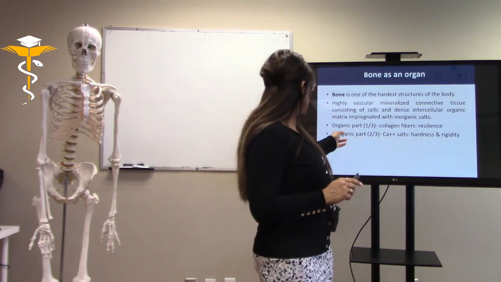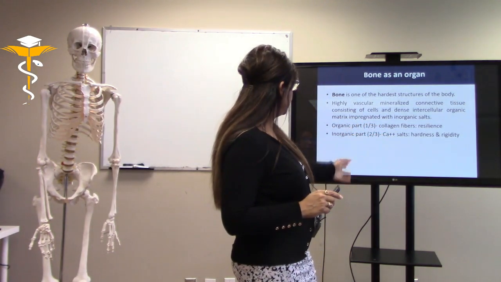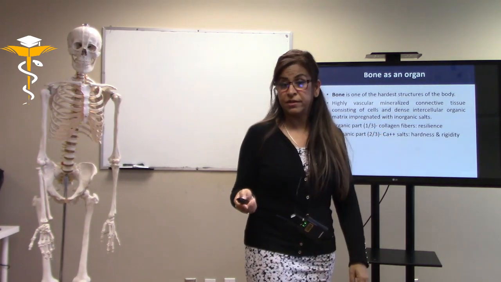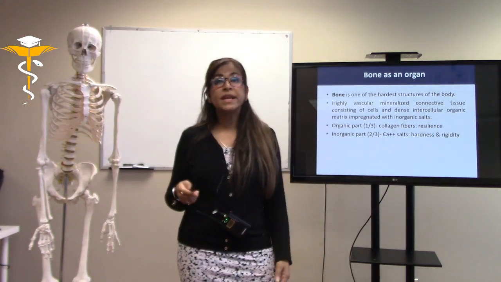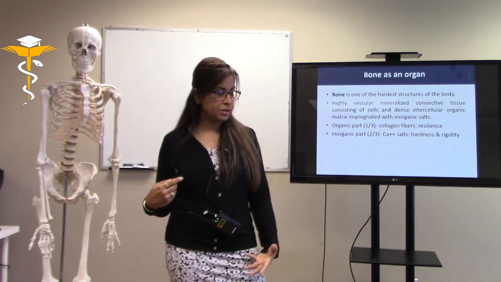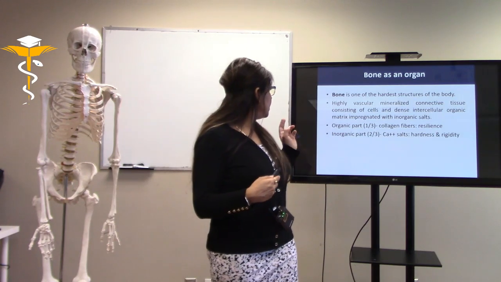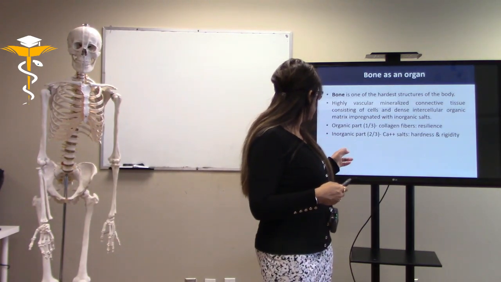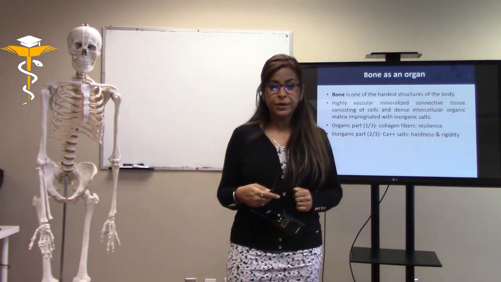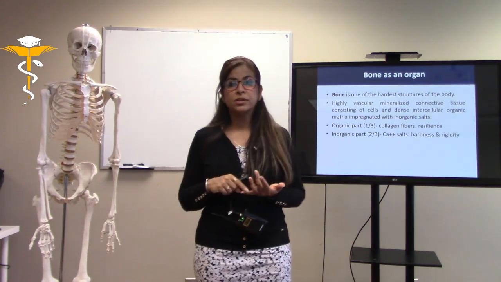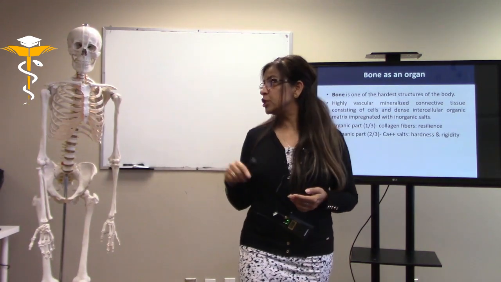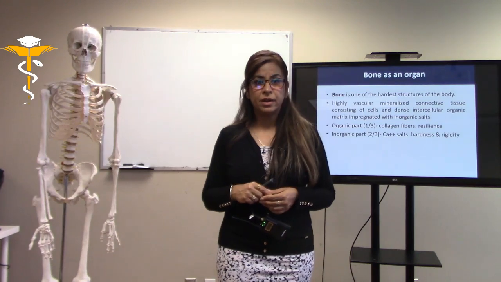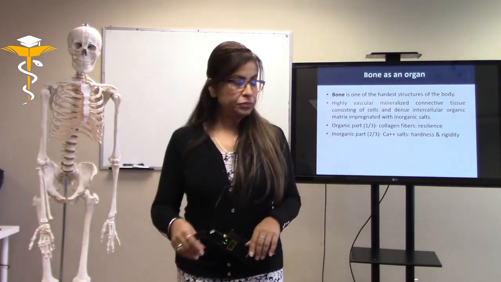The organic part is about 1/3 and comprises collagen fibers. What it does is provide resiliency to our bones. The inorganic part is about 2/3, which is calcium and all the other salts of the body. It provides the rigidity to our skeletal system.